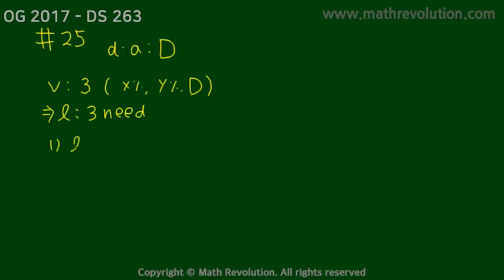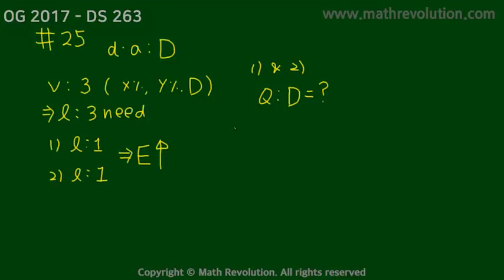But we usually have just one equation for condition 1 and another equation for condition 2, for a total of two equations, so that's insufficient, and we'll think that E is going to be our answer. Let's verify that by looking at conditions 1 and 2 together. The original question is asking us only about solving for D, the different amount of investment.